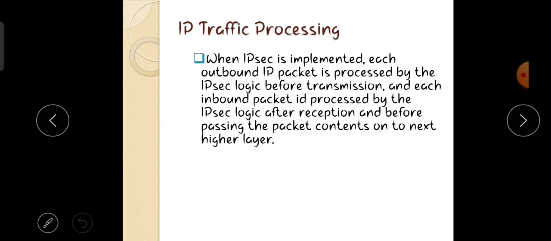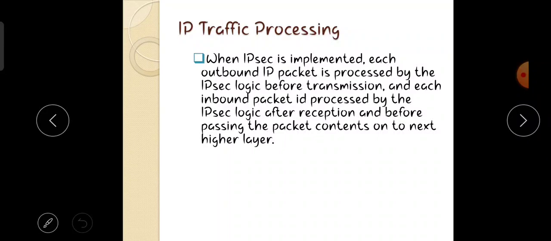When IP security is implemented, each outbound IP packet is processed by the IP security logic before transmission, and each inbound packet is processed by the IP security logic after reception and before passing the packet contents onto the next higher layer.